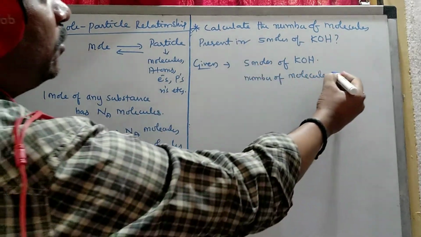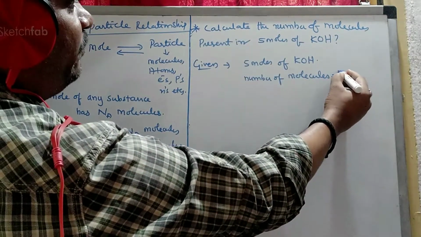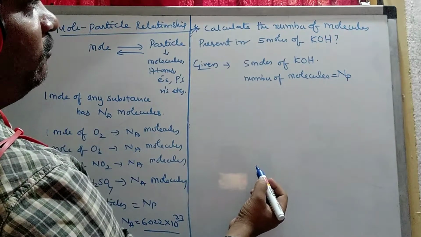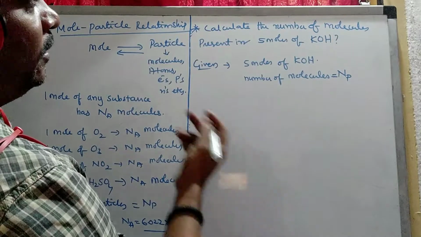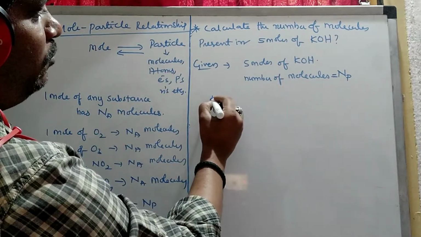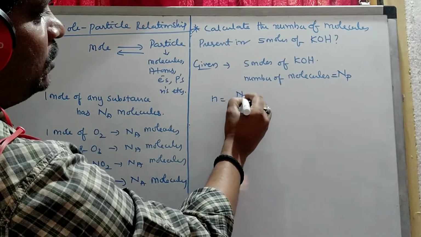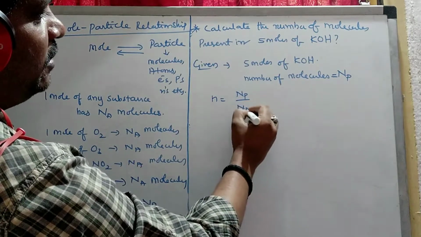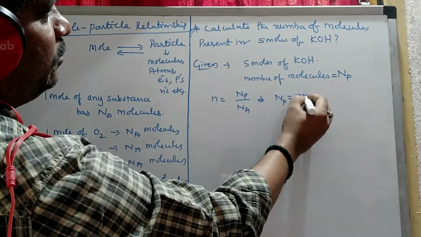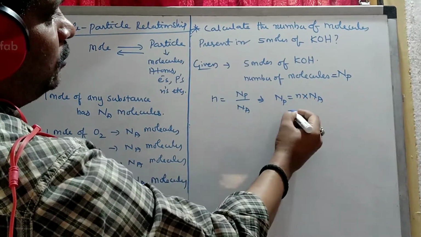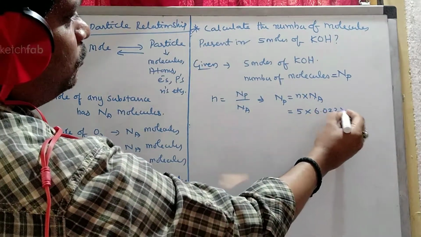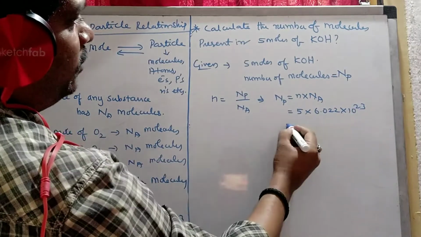So the number of molecules is nothing but Np. Now what do you have to find? That only, the number of molecules. As you know, number of moles is equal to Np by Na. What you have to find is Np. So Np is equal to N into Na. What is N here? 5 into Avogadro number 6.022 into 10 power 23.